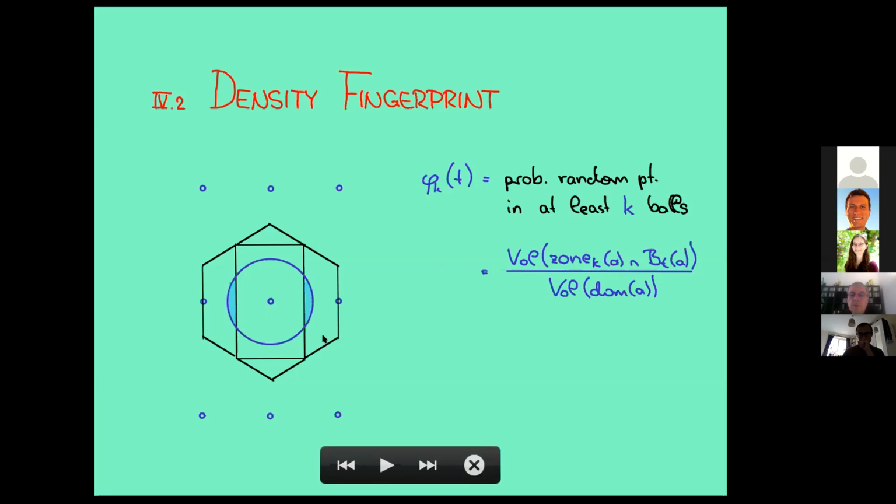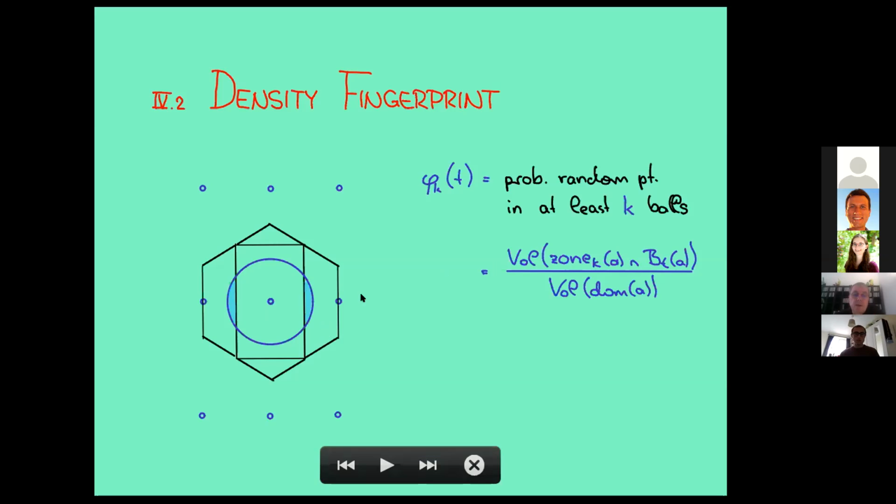A brief argument of why this should be true, if it's not already obvious. If a point is in the shaded part of my ball, this means that the point in the middle, A, is the k nearest. Since it's inside the ball, the k nearest has distance less than t. So therefore, the point is in at least k balls.